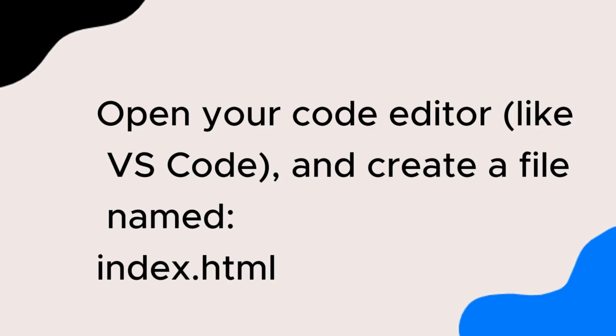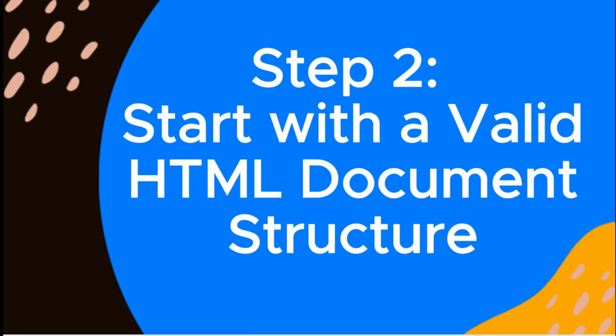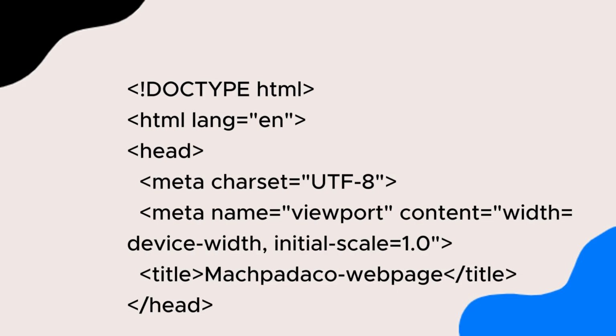Open your code editor like VS Code and create a file named index.html. Step 2. Start with a valid HTML document structure, that is doctype HTML, as you can see displayed on the screen.